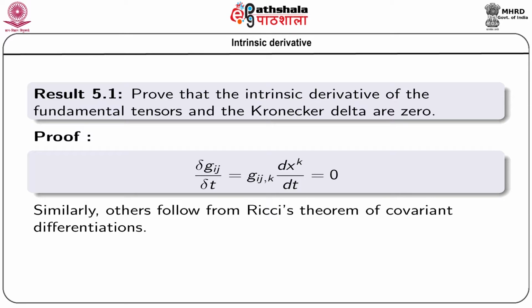That is, the fundamental tensors are covariantly constant. So, applying that result, it follows directly that del gij del t is equal to 0. In a similar manner, the other results will also follow.